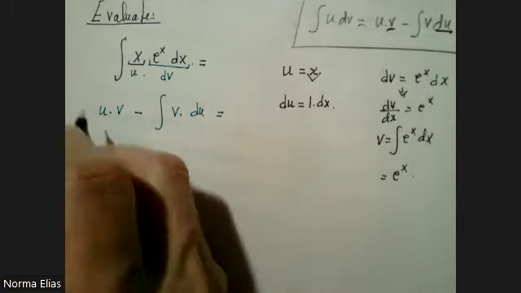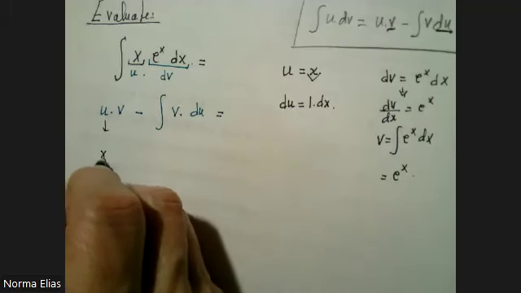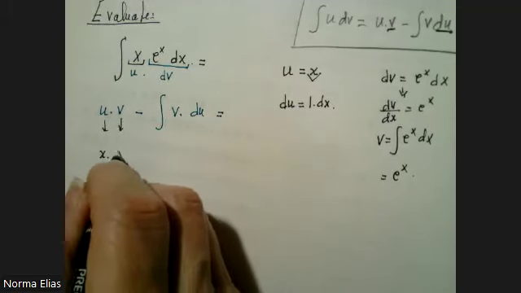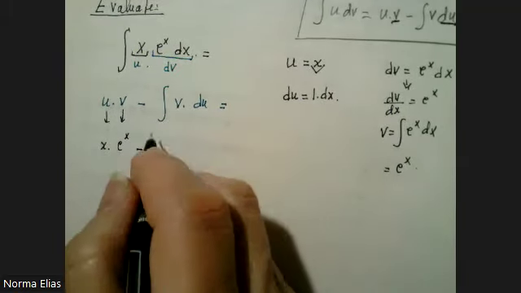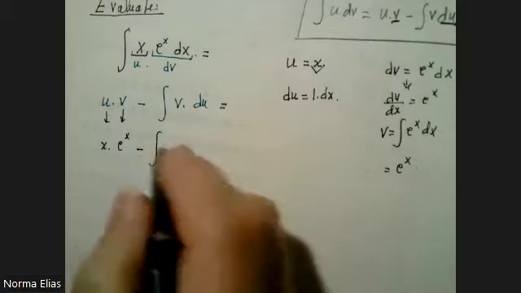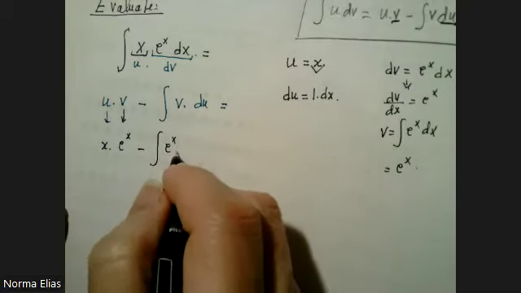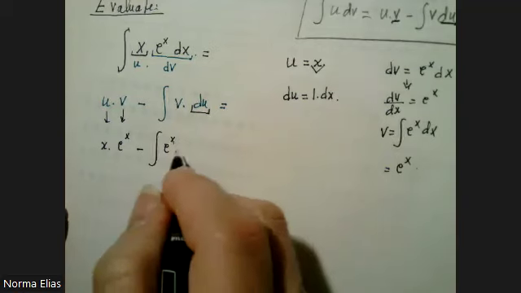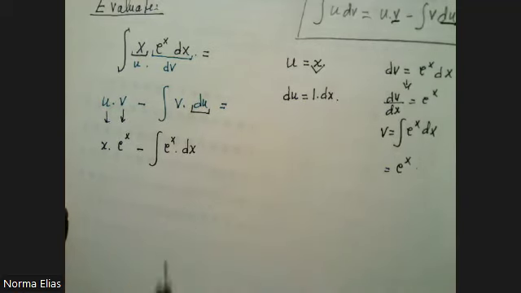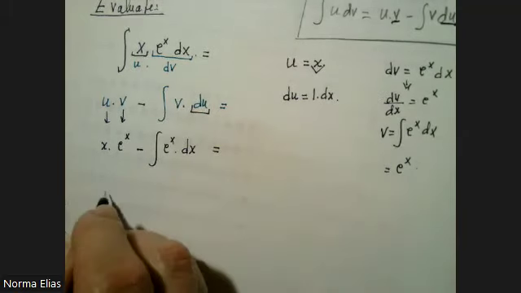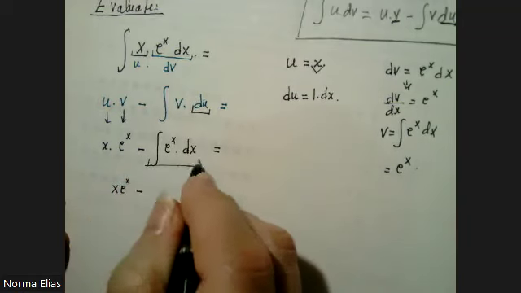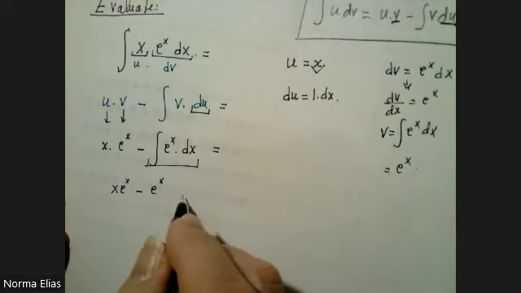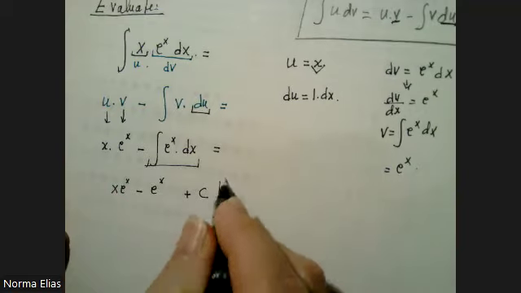My u now is x, times the v, which is e^x, minus the integral of v, which is e^x, times the du, which is dx. So finally, I'll get x e^x minus the antiderivative of that, which is e^x. End of the problem.